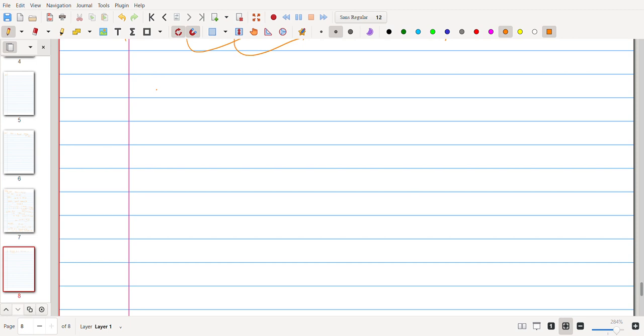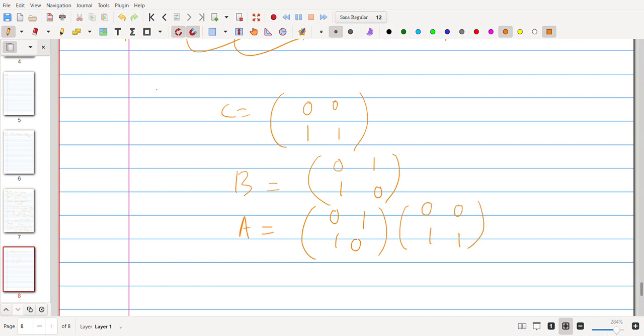Let's choose C equal to 0 0 1 1, B equal to 0 1 1 0, and what will you have? A equals 0 1 1 0 times 0 0 1 1, which is the same as 1 1 0 0, right?